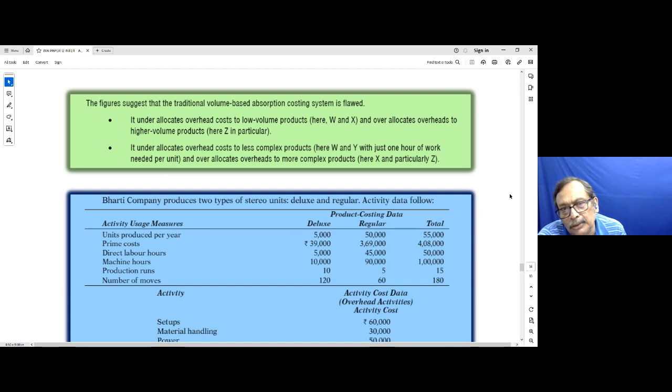It underallocates overhead cost to less complex products, here W and Y with just 1 hour of work needed per unit, and overallocates overhead cost to more complex products, here X and particularly Z.